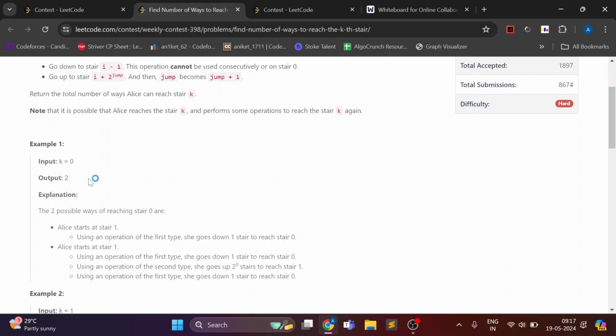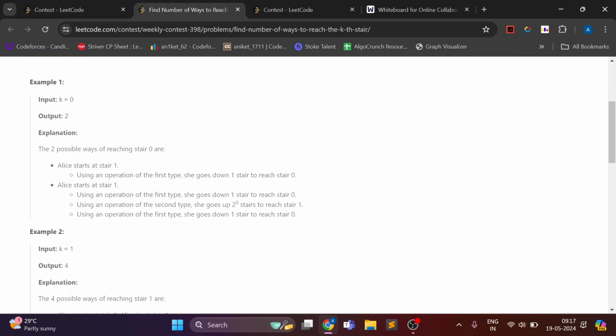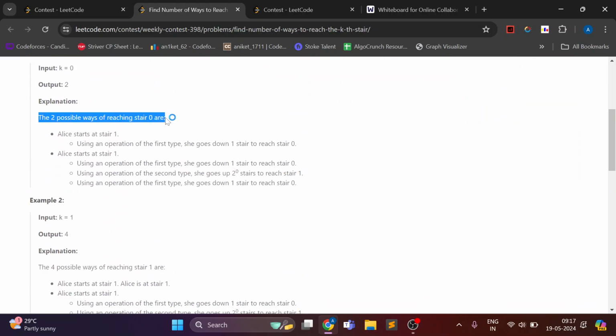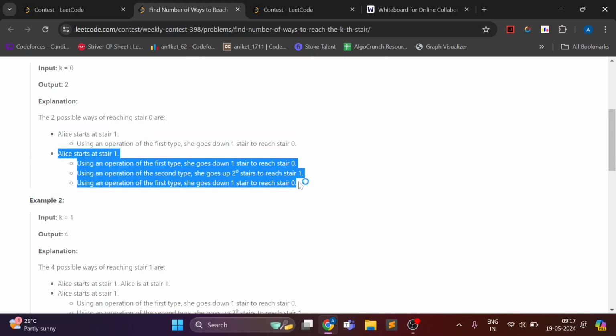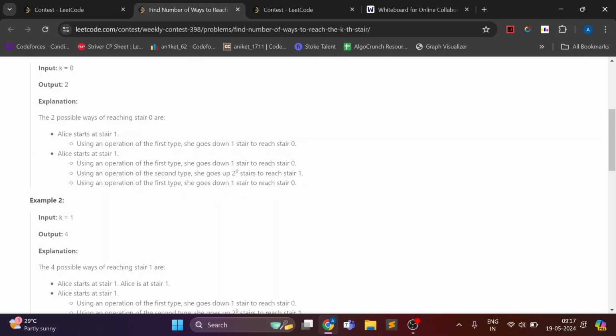For example, if k is 0, currently Alice is at stair 1. There are two possible ways to reach 0. One is to just move down to stair 0, and the second is to use the first type of operation: go down to stair 0, then jump by 1 stair, that is 2 raised to power 0, so we go to stair 1 again, and then again using the first type of operation go down to 0.